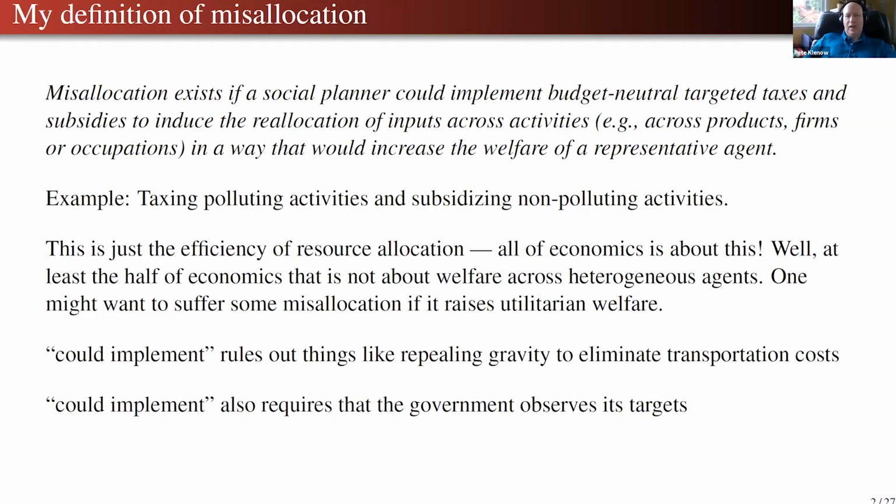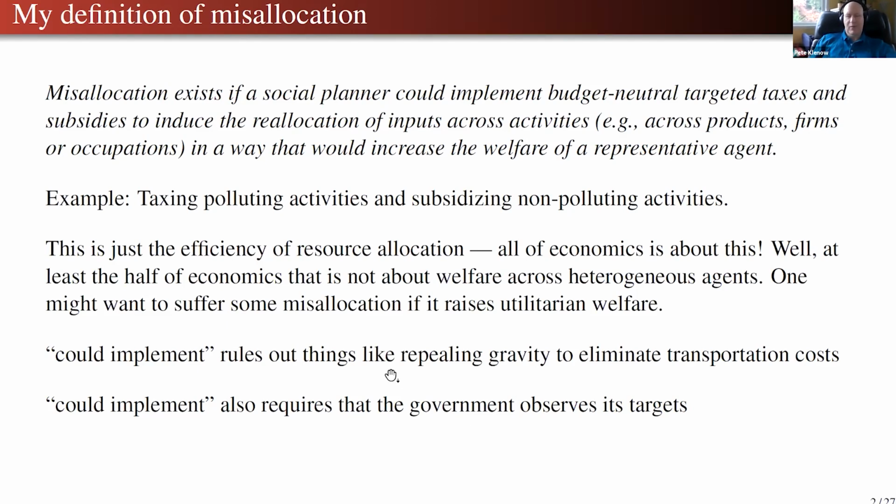But if the government could not implement something based on what it observes, its information, or for example, it can't reduce transportation costs, then the fact that there's a high rate of return to one activity somewhere relative to another place isn't misallocation if you can't feasibly move those resources from the low marginal product to the high marginal product activity.